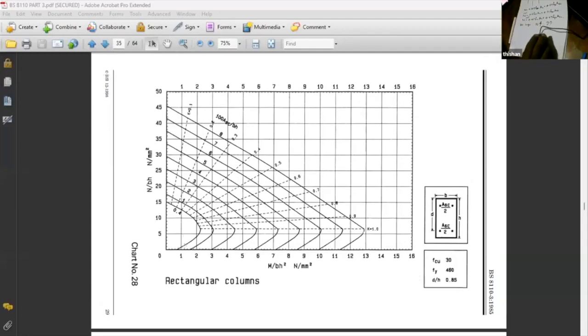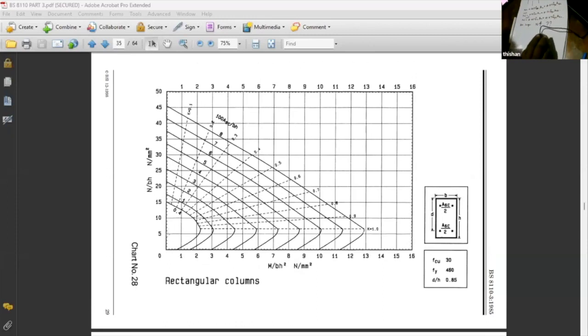Now here you get M over BH squared. Here you get N over BH. Those are already known. Axial force is known. Bending moment is known. And columns generally tend to be in this region. Why? We call something a column when the axial load is high, but it can be subjected to some bending moment.